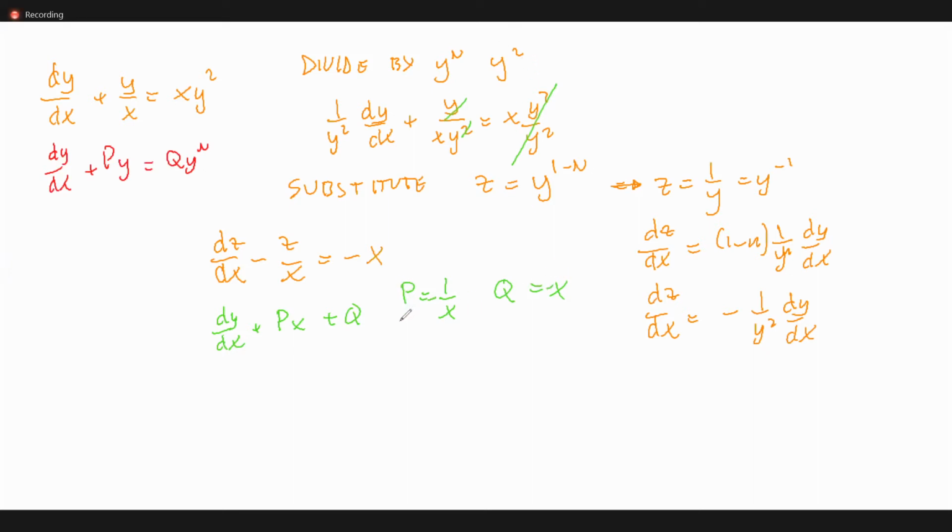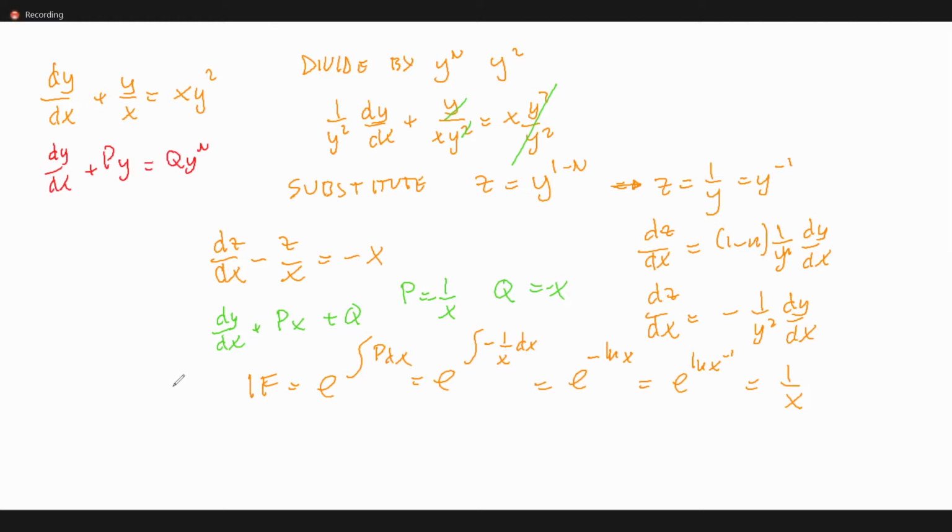So we can solve this through the integrating factor, where the integrating factor is e to the power of the integral of p dx, which is equal to e to the power of integral of negative 1 over x dx, which becomes e to the power of negative ln x, which is equal to e to the power of ln x to the negative 1, which is equal to 1 over x.